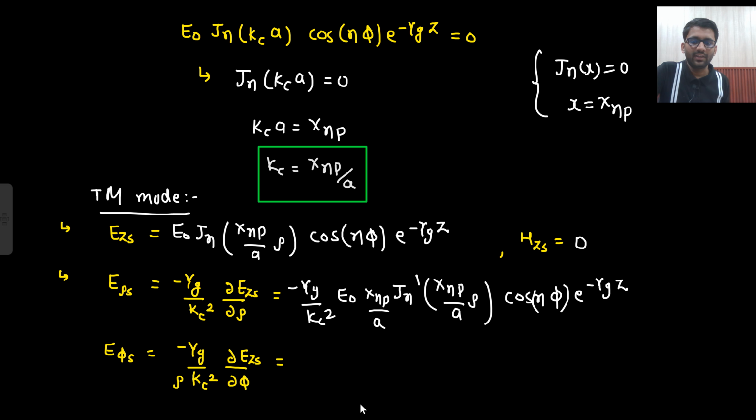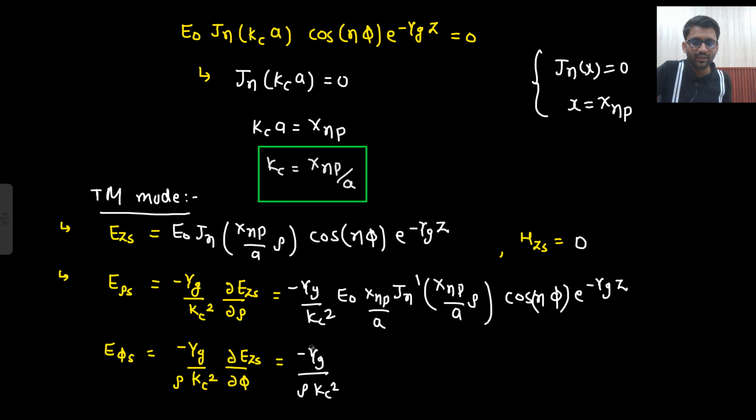But now let's see E phi. So what will be E phi? Minus gamma g upon rho kc square. Then you need to differentiate with respect to phi. This term will come as it is. Differentiation is done with respect to phi. So cos n phi is differentiated with respect to phi. What will it give you? Minus n sin n phi, because the differentiation of cos has a minus sign.